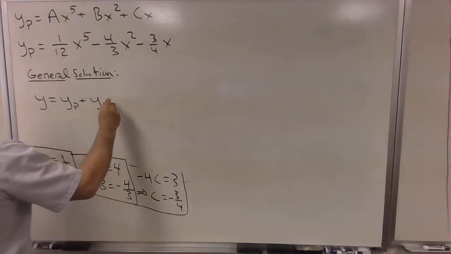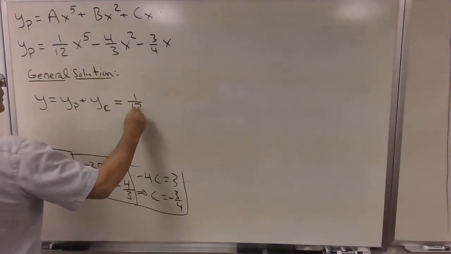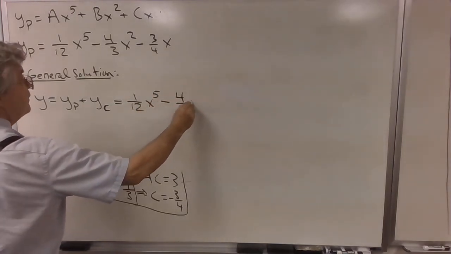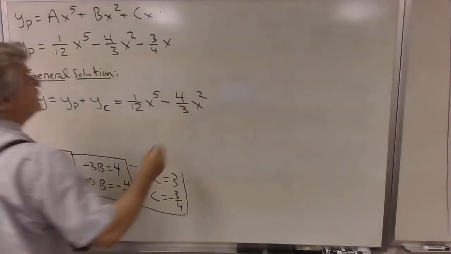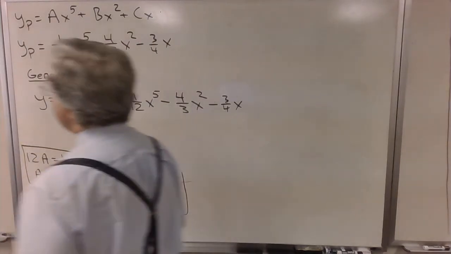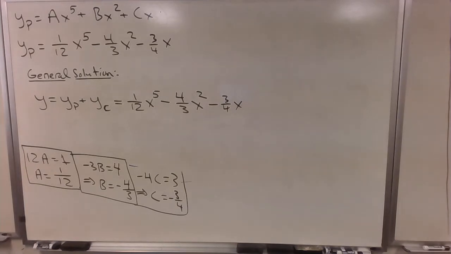So particular, 1/12x to the 5th minus 4/3 x squared minus 3/4 x. So there's the particular solution.